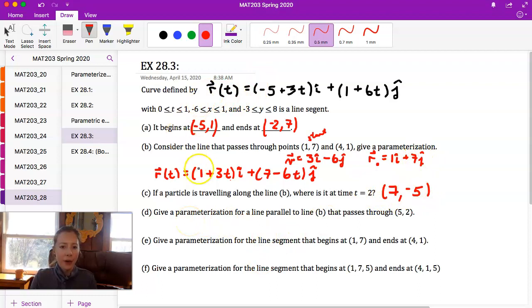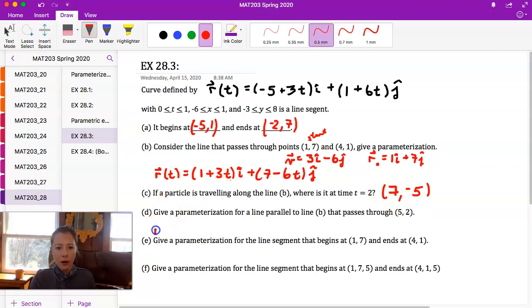Part D, give a parameterization for a line parallel to our line from B that passes through 5, 2. In order to be parallel, it has to have the same direction vector v, but it's going to have a different point that the line passes through.